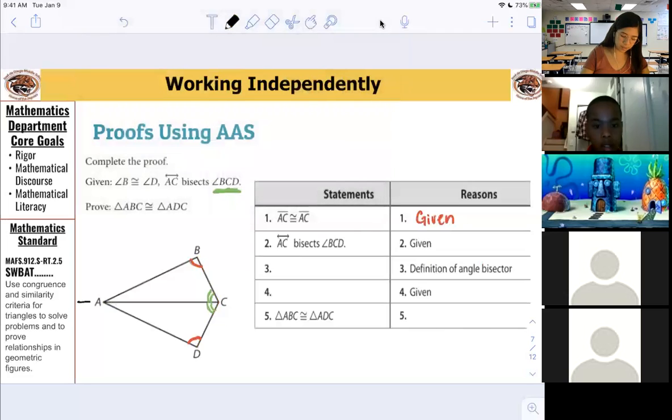Guys, okay. No. Here's my bisector. The bisector cut angle C in half to make two angles. What are those two angles? No, those are given.